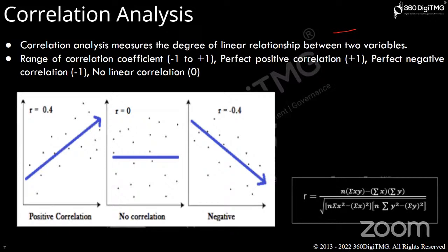The range of the correlation coefficient is between -1 and +1. If it is +1, it is a perfect positive correlation. If it is -1, it is a perfect negative correlation. If it is 0, we'll say there is no correlation.